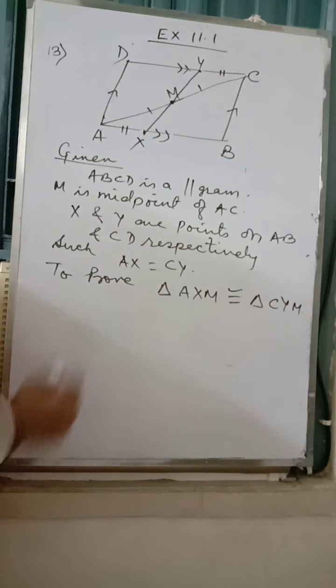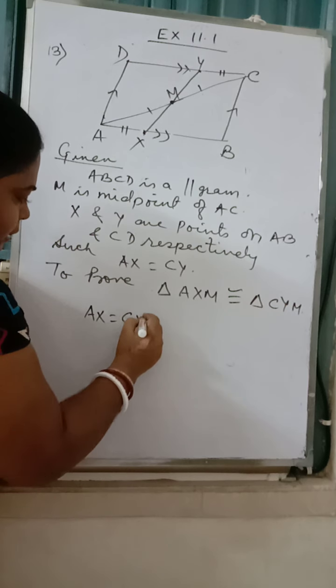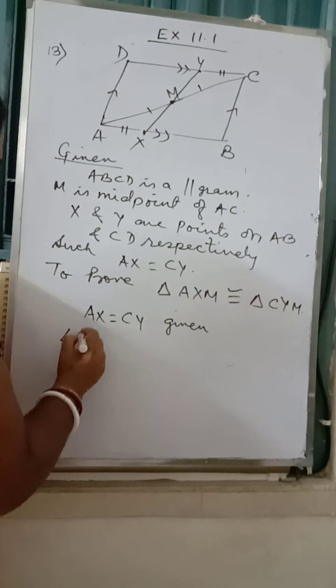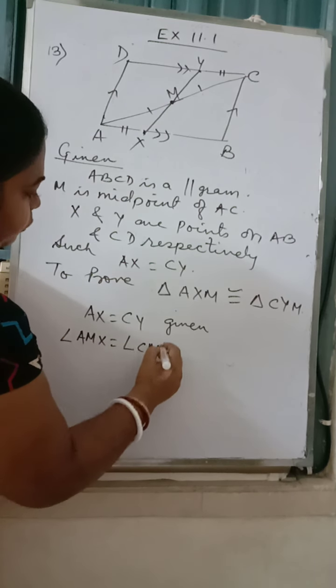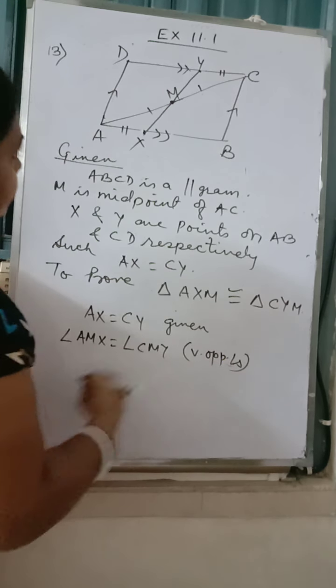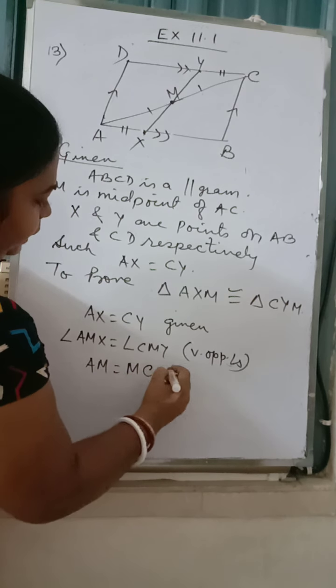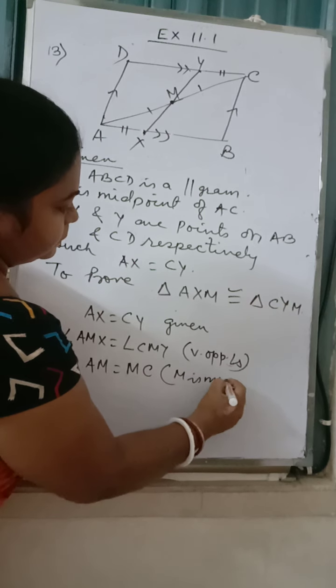Okay. Now you see AX is equal to CY, given. Angle AMX is equal to angle CMY, vertically opposite angles, and AM is equal to MC. Why? M is a midpoint of AC.